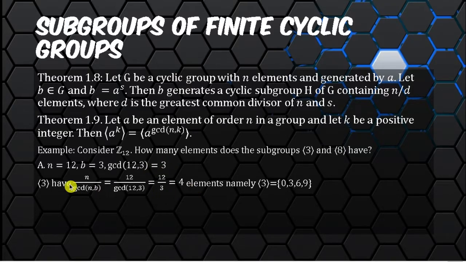Now, how many elements does the subgroup generated by 3 have? So, i-divide lang natin yung n ng GCD na na-compute natin sa taas. So, 12 divided by 3, that's n divided by d equals 4. So, 4 yung elements. So, actually, if we compute for that particular subgroup, yung laman niya ay 0, 3, 6, 9.